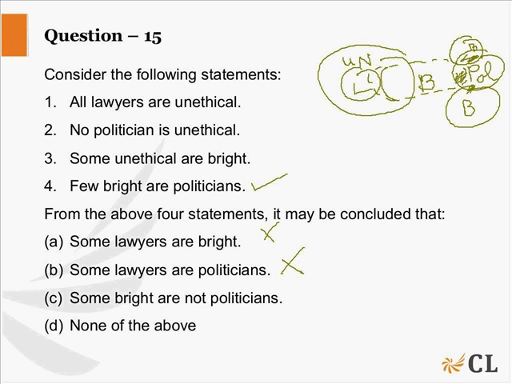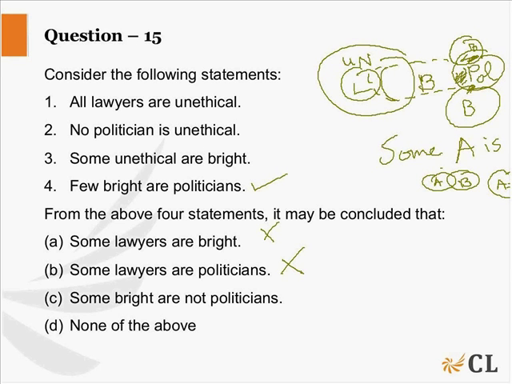Please understand, whenever I talk about the some condition, when I say some A is B, what it means is one possibility is this, right? Another possibility is that all the A might be B. The third possibility is that all the A might be B over here. So you cannot definitely say that some A is not B. Because if this case holds and this case holds, then some A is not B becomes incorrect.